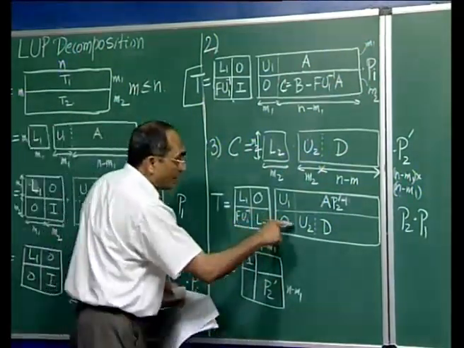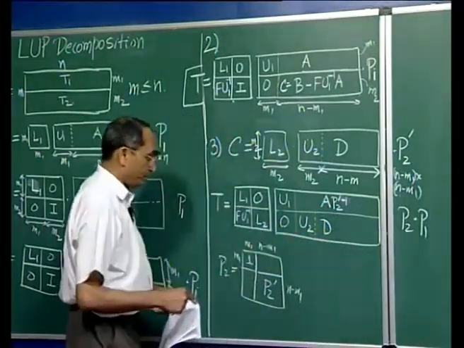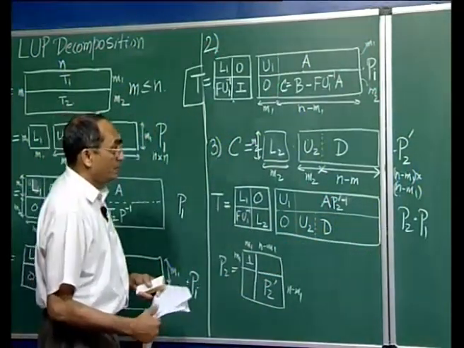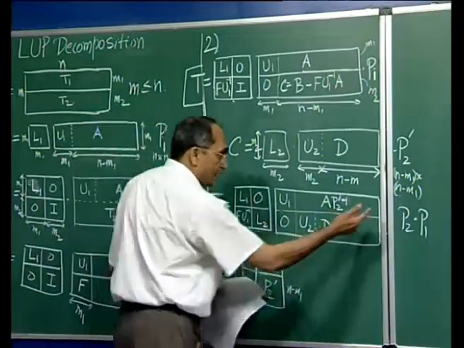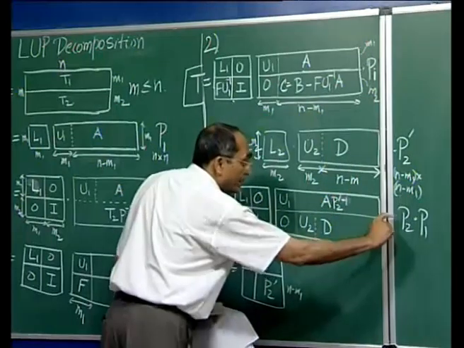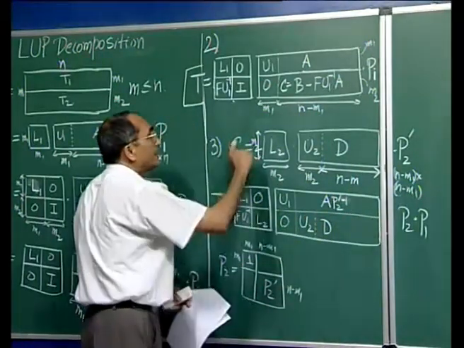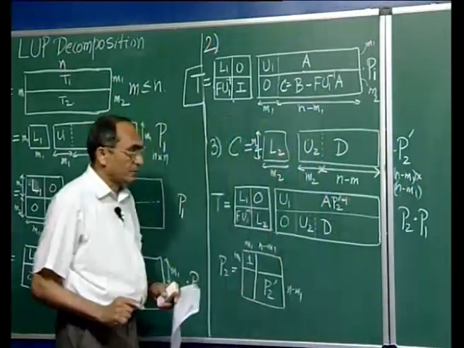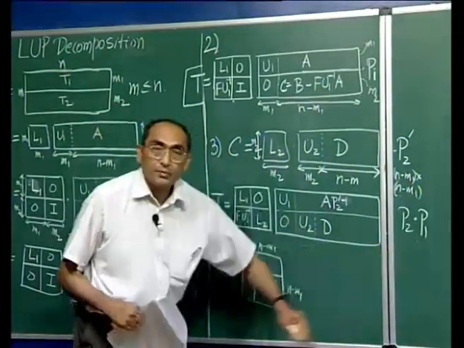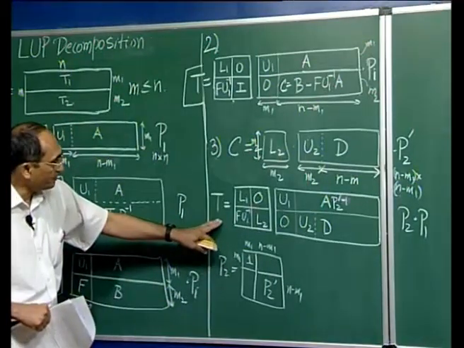Now, L2 is being multiplied to this part followed by P2, but since this corner is identity, we are going to be effectively multiplying identity to this and P2 prime to this. So, we will exactly get C and followed by P1. So, this is now the new form of T.